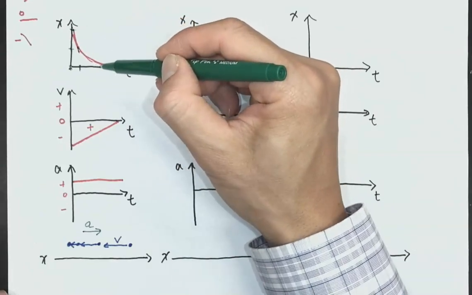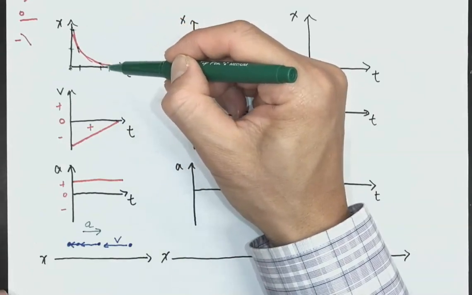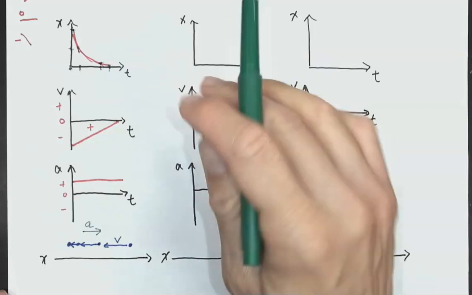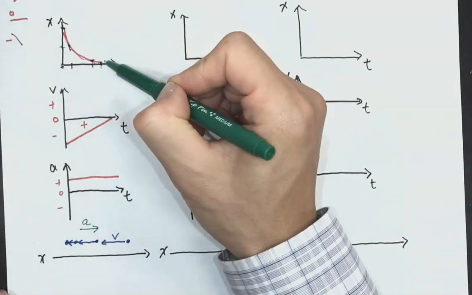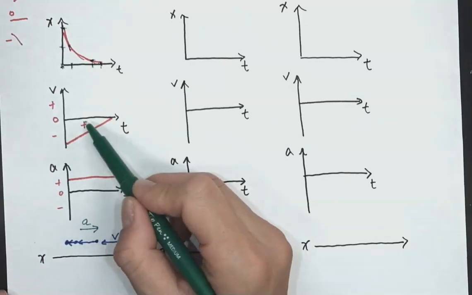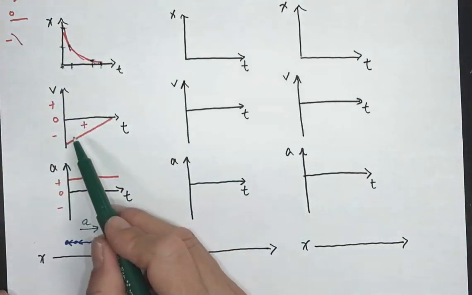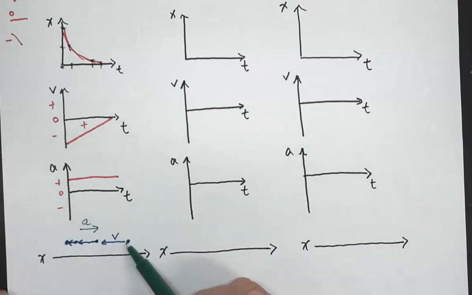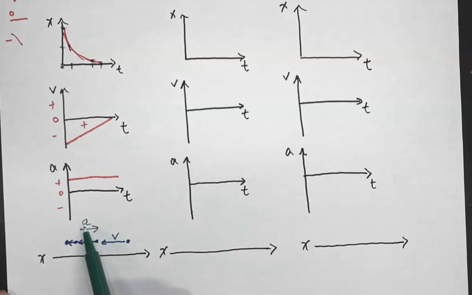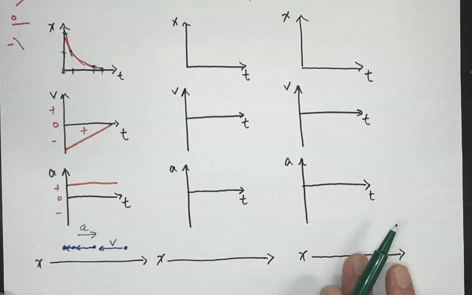But if you looked at that same interval of time over here, you could see that the position didn't change very much, right? So it is slowing down in the negative direction, and that's why the velocity is negative. It has a positive acceleration, and that makes sense because it is slowing down. It's going in the negative direction, acceleration is in the positive direction. Whenever the acceleration and velocity are in the opposite direction, you know that the object is going to be slowing down.